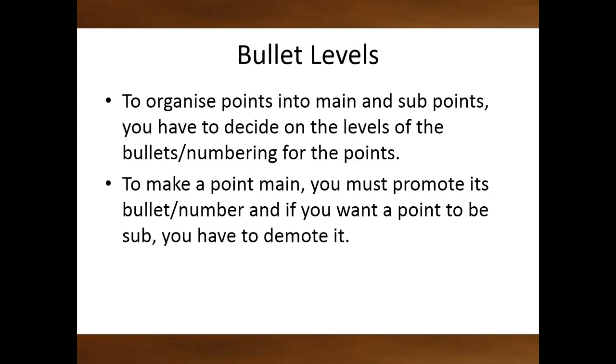Bullet levels. To organize points into main and sub-points, you have to decide on the levels of the bullets or numbering for the points. To make a point main, you must promote its bullets or number.